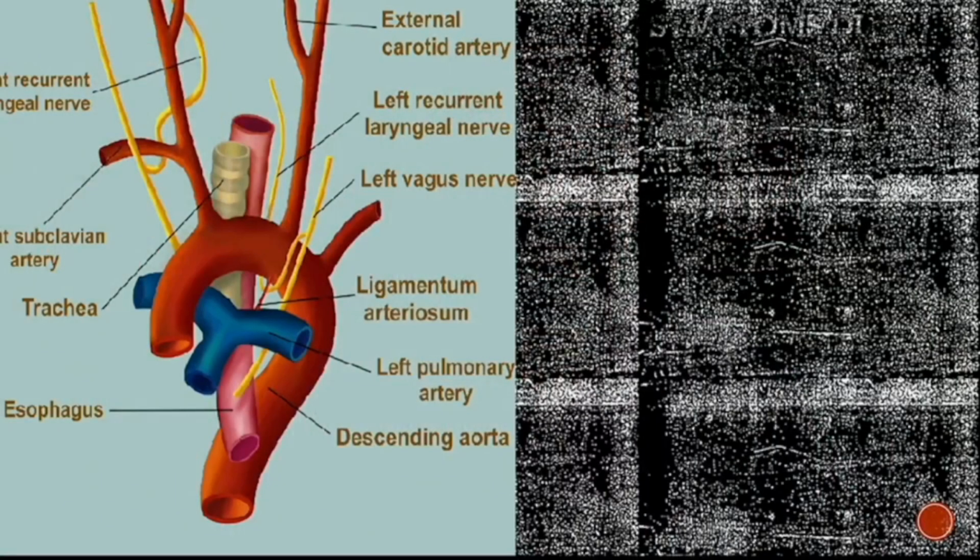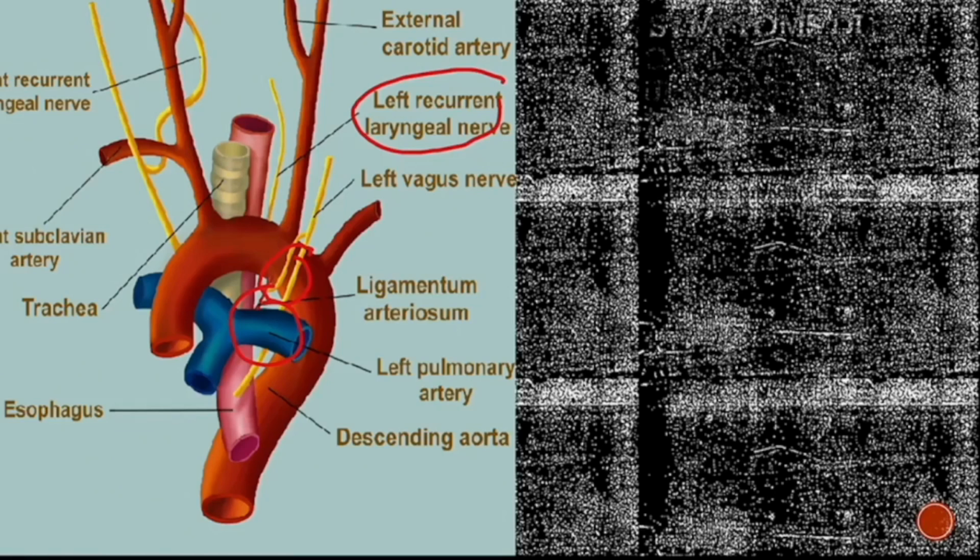Now we go to the next mechanism of symptoms, that is compression of other structures. The pulmonary artery or the left atrium can compress the recurrent laryngeal nerve on the left side, and the patient may complain of hoarseness of voice.